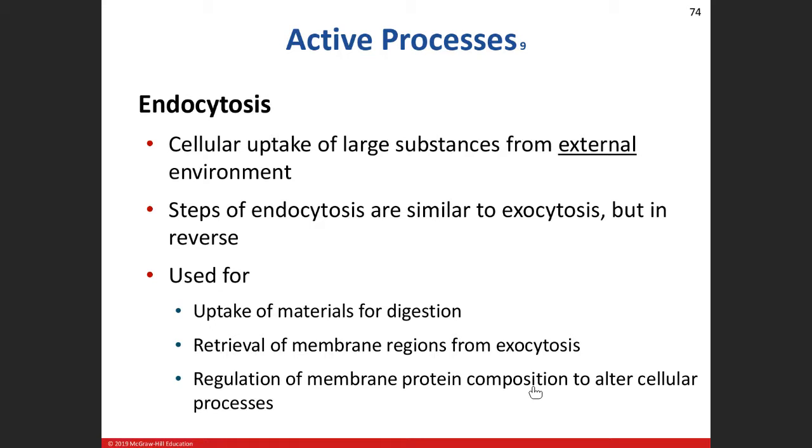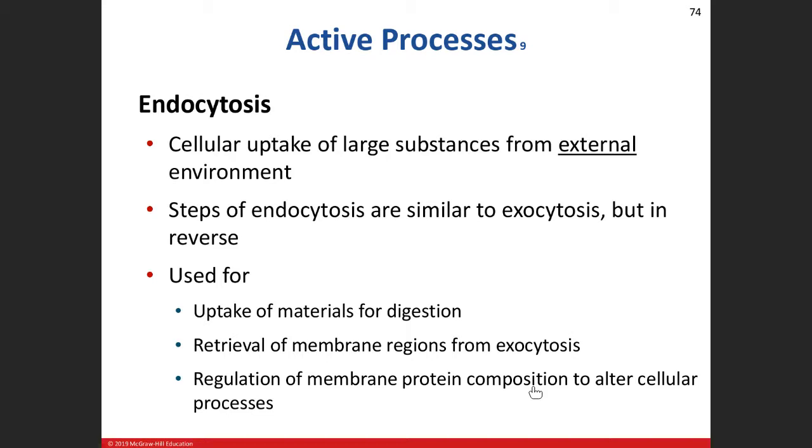We have endocytosis. So we have something that's large on the outside, maybe some big lipid droplets or whatnot, on the external side of the cell. Endocytosis will be the opposite of exocytosis.